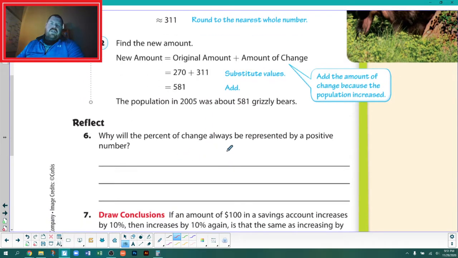Why would the percent change always be represented by a positive number?